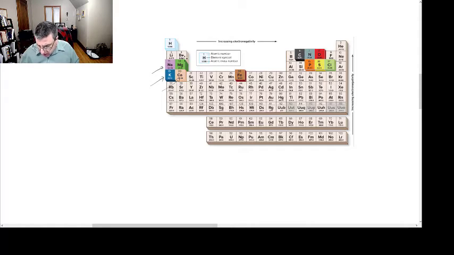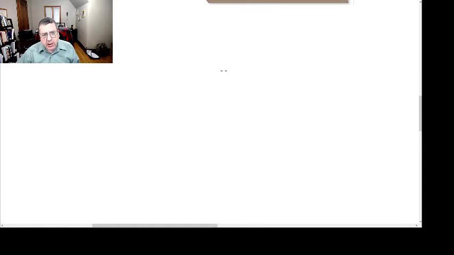So the first thing that we're noticing when we're looking at an atom, not any one specific atom, okay? Let me just scroll up a little bit. Atoms will have three subatomic particles. So an atom is going to have a nucleus, and the nucleus is going to be made up of protons and neutrons.